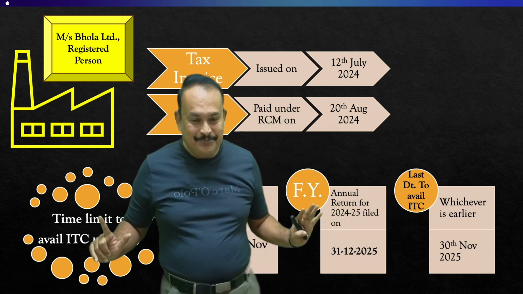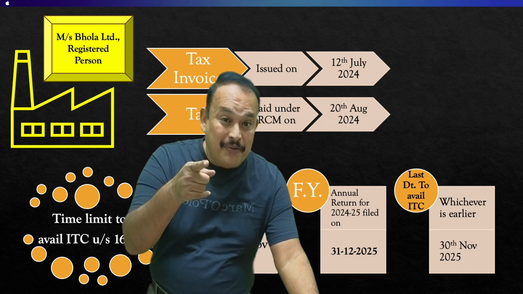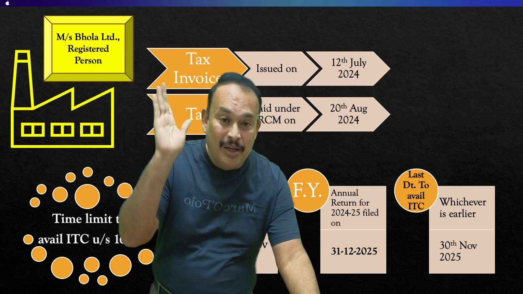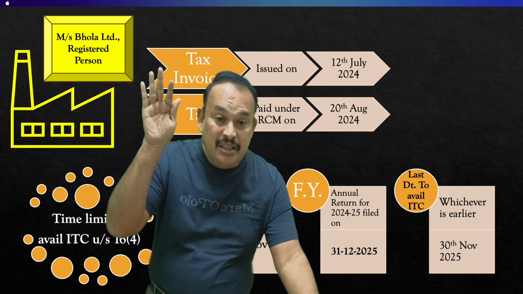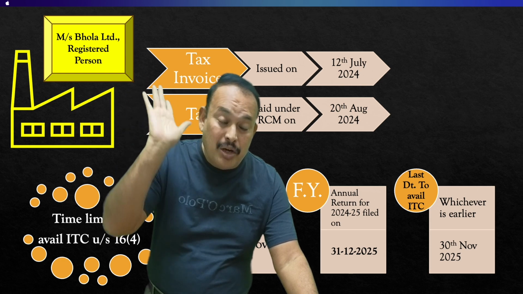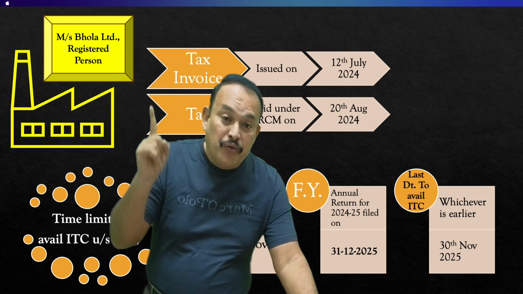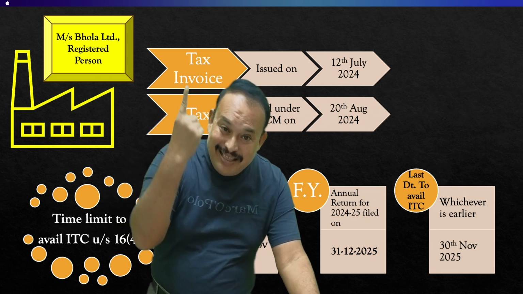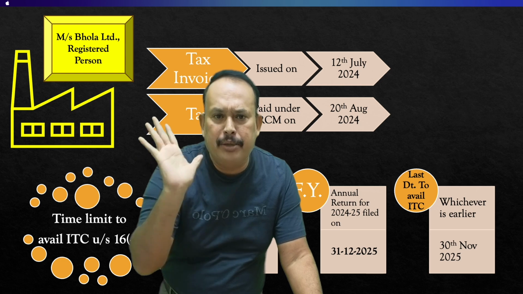But one thing is very clear. Bhola Limited, your time of supply took place long back, on 10th April 2019, for which the due date to pay the tax amount is 20th May 2019. From that due date till the date of payment, you have to pay interest at the rate of 18% per annum.